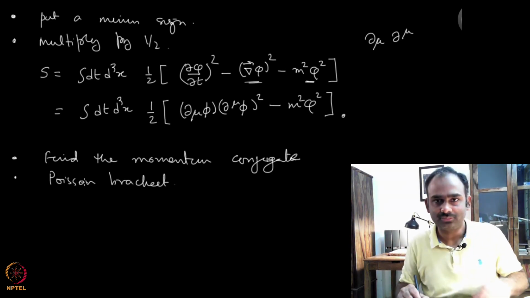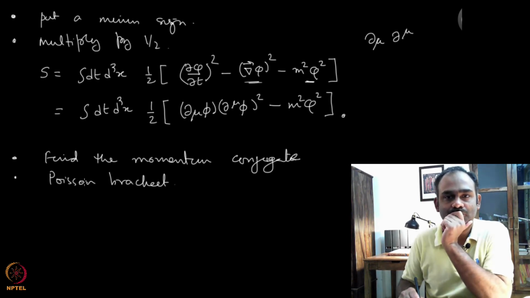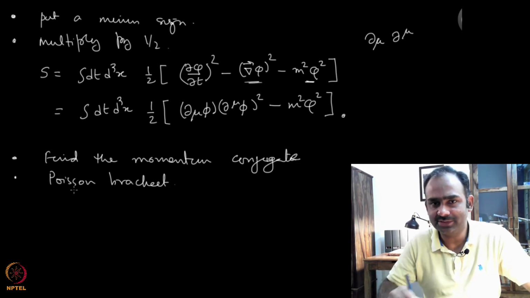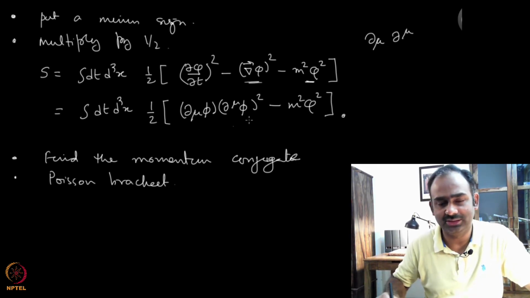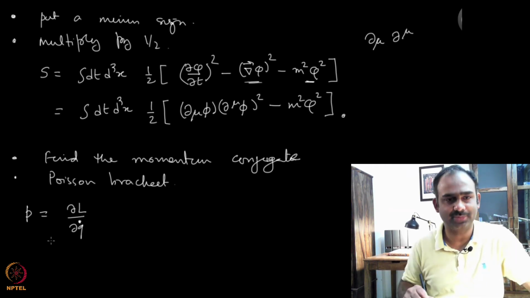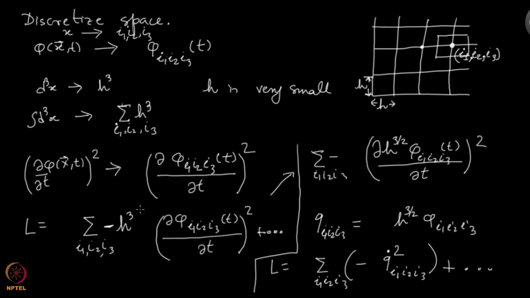Now, as far as finding the conjugate momentum is concerned, you need only the kinetic term, because other terms do not matter. I hope we have talked about this already, but if you have q as your coordinate, then taking a derivative with respect to q dot is what gives you the corresponding momentum. So, that is what we want to do, and that is easy.